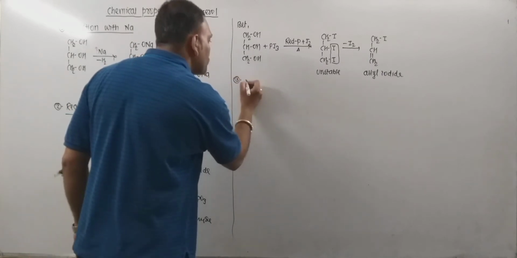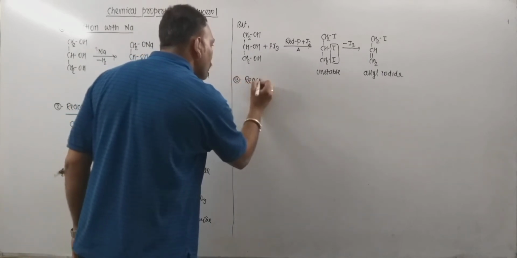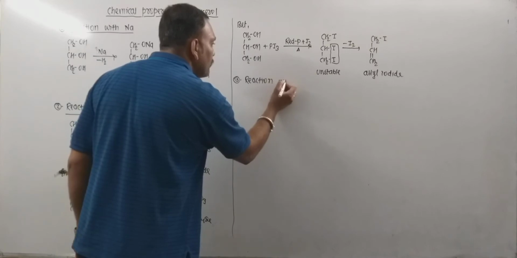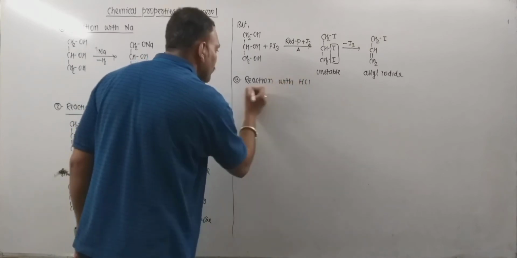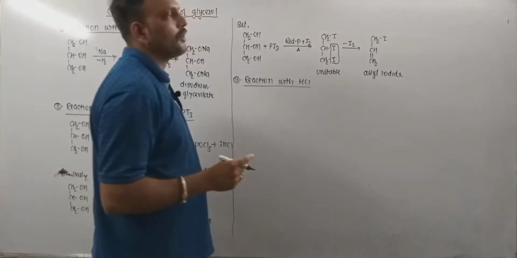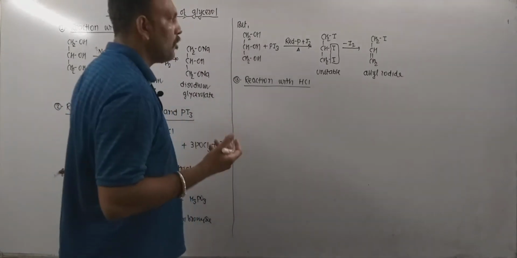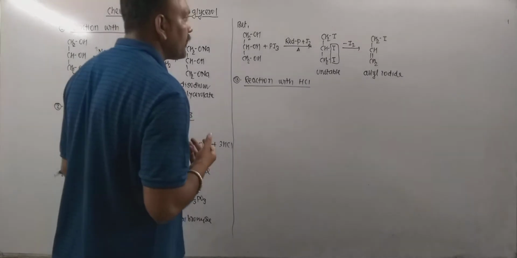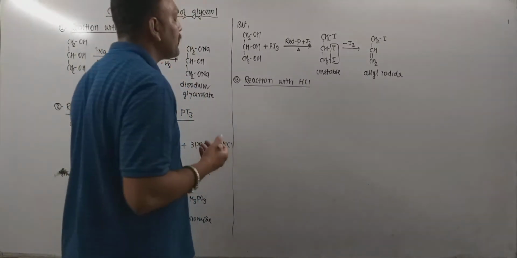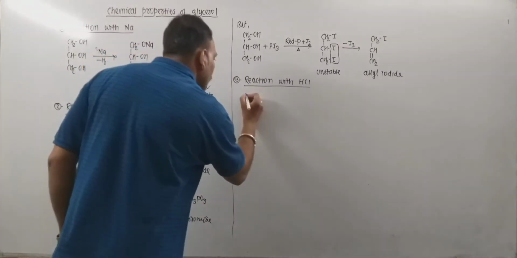Now next very important property, that is reaction with HCl. So glycerol reacts with HCl and temperature affects the most. So let's see what happens when we treat glycerol with HCl.